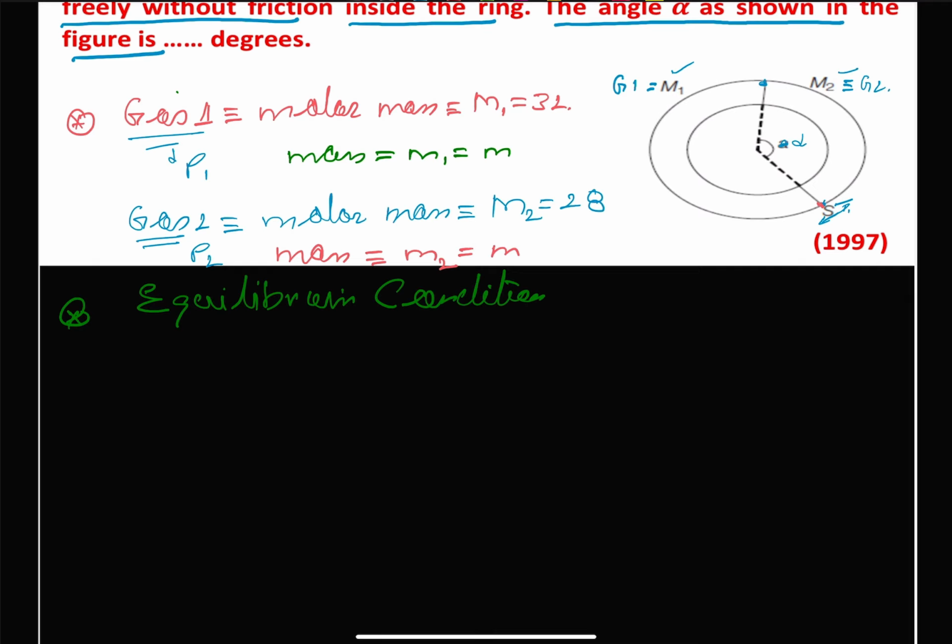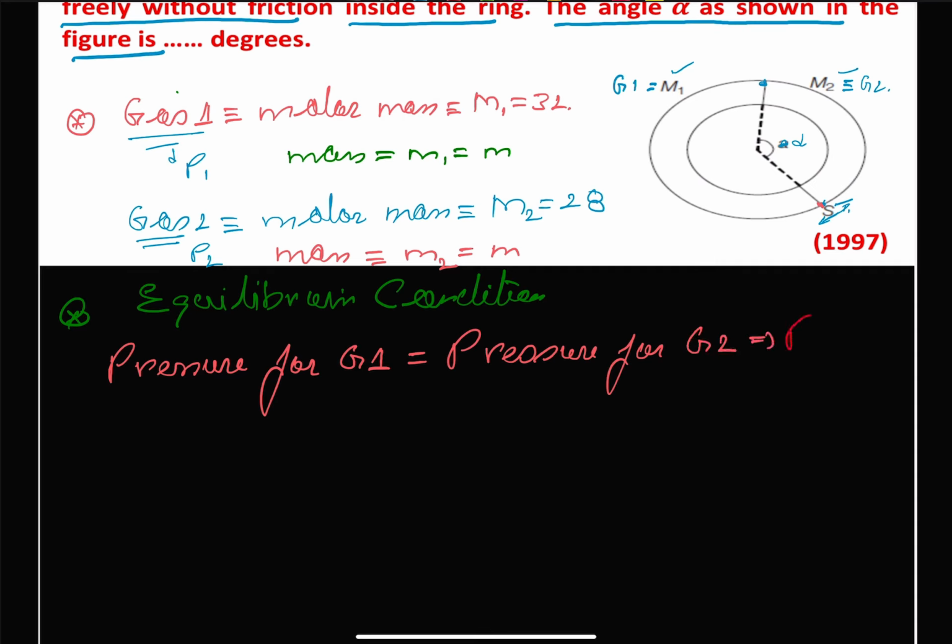Therefore we can write the equilibrium condition: pressure for gas 1 will be equal to pressure for gas 2, or P1 is equal to P2.